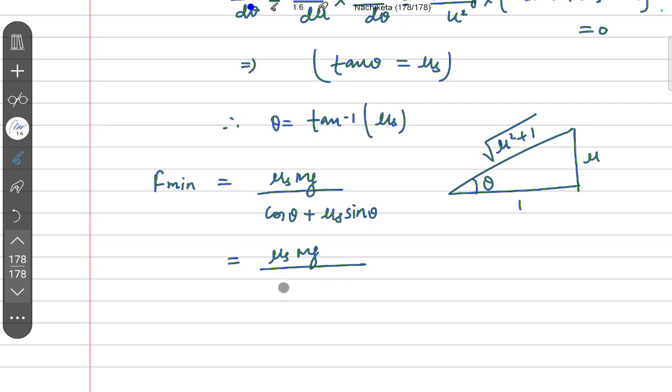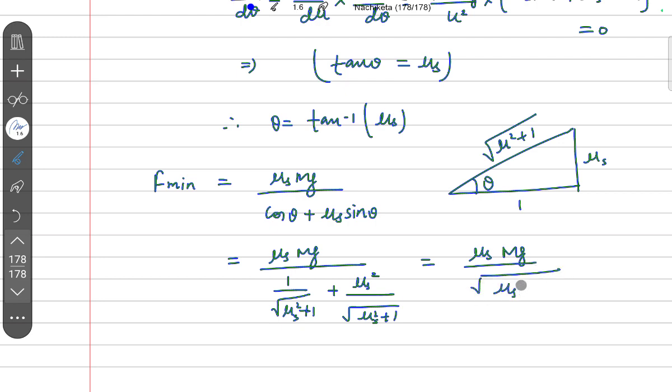Cos theta is 1 by root under mu square plus 1. Is it okay?